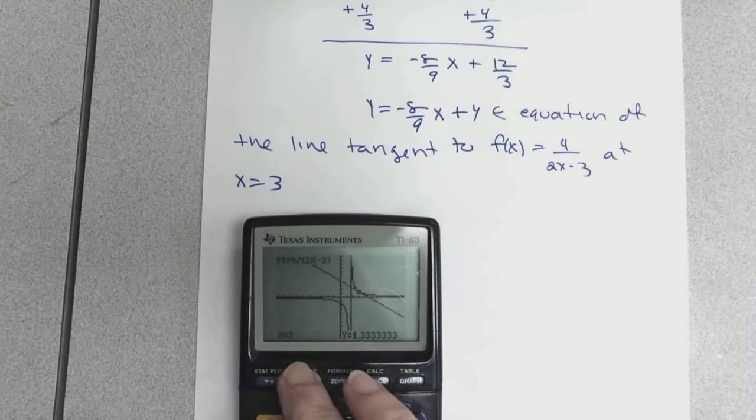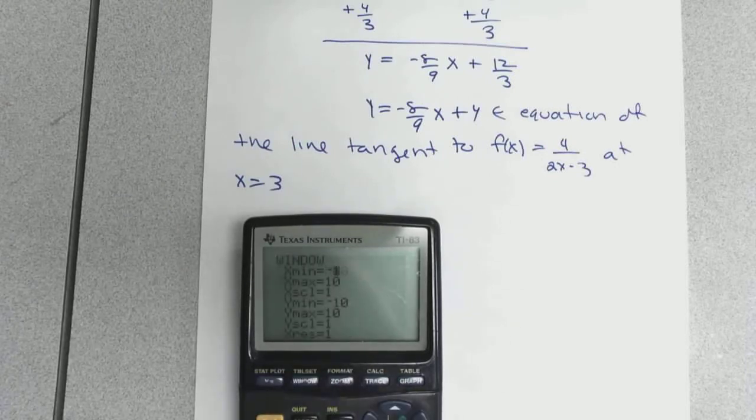So I'm going to hit my window again, and I think I'll go from -1 to, or maybe 6, a little bit further. And then on the y's, everything was mostly above the x-axis, so I'll go from -1 to 10 on the y's. And we'll graph that. And so you see the curve coming in, and it'll get darker as soon as I finish thinking about it. And then you see a tangent line.